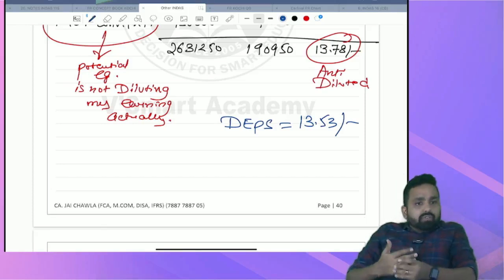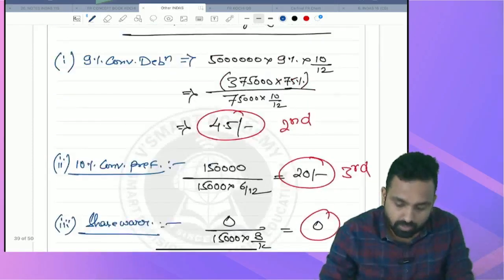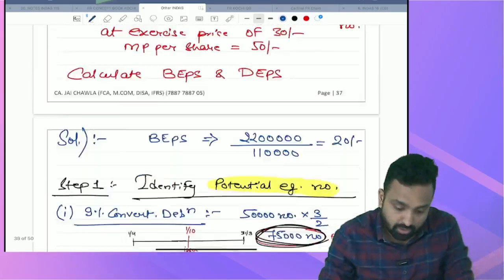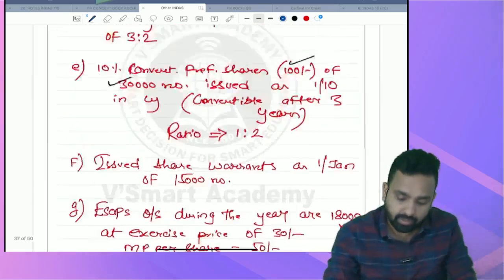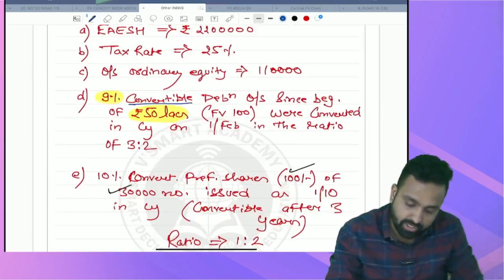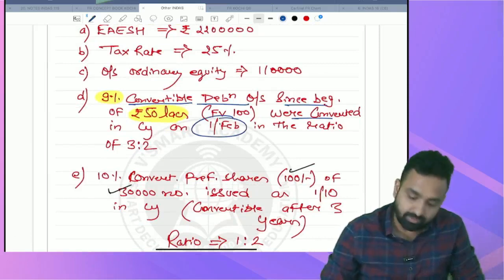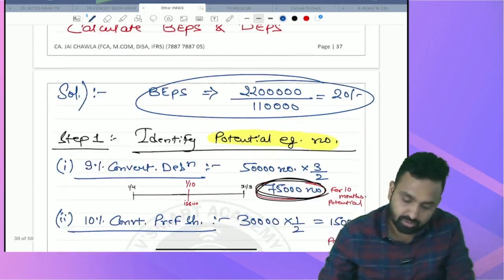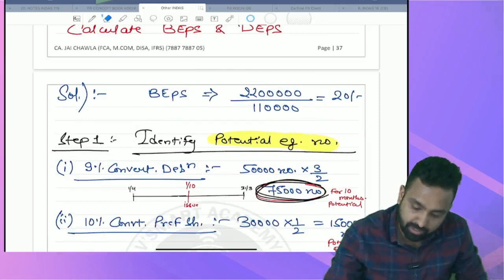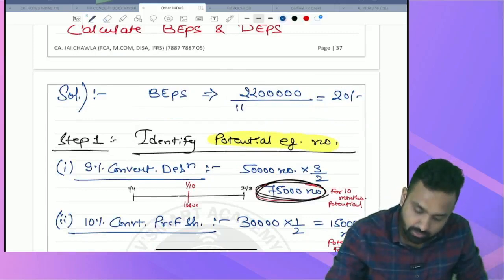We forgot that one actually. You are right, our basic EPS is actually not this. Why? Because these were already converted in the month of February. Tell me now, how many shares were there after conversion? I think 75 now. So technically our BEPS would be 110 plus 75 into 2 by 12.